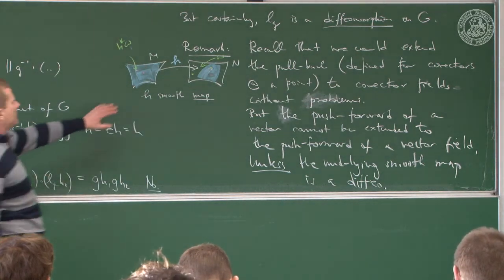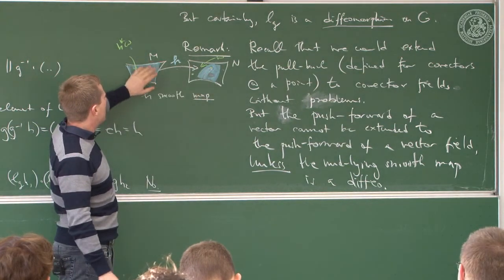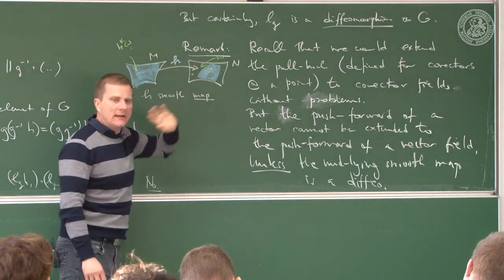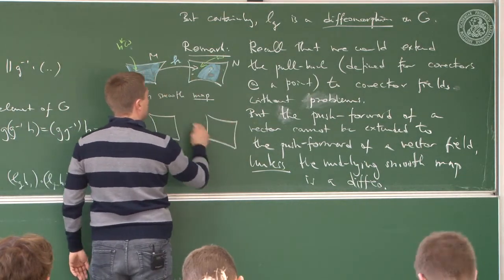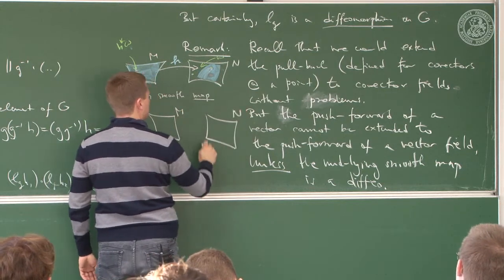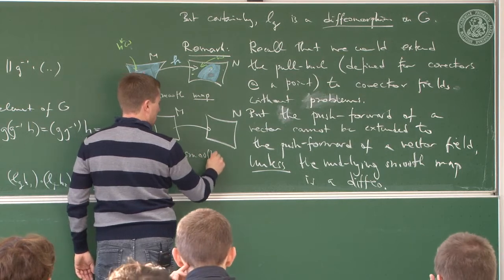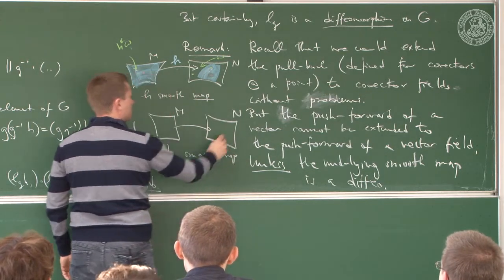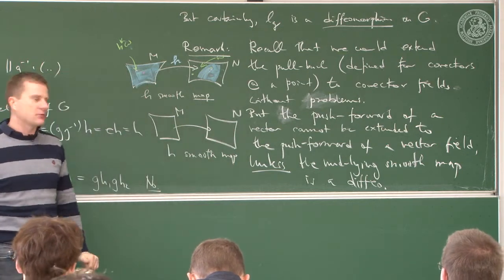Now, both the fact that every element is mapped on M and that it's mapped to exactly one thing. Now, think about the same situation, M and N. There's a map, H, a smooth map from M to N. But if you now think of the push forward, you have a problem.